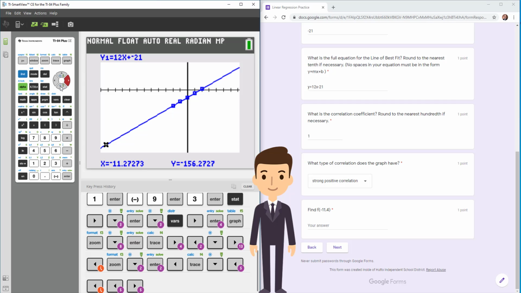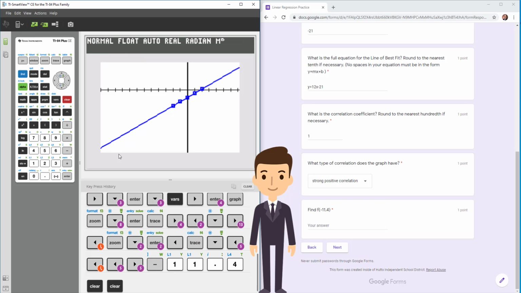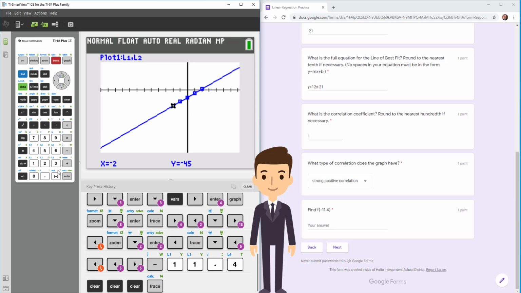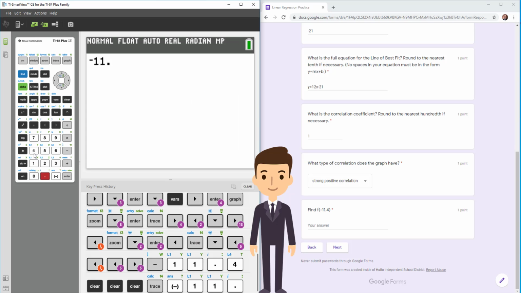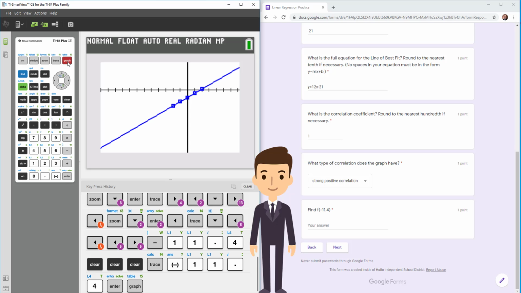Now once again, it's not going to land perfectly on it, so the way I handle that is I just start typing in negative 11.4. Oops, but I actually don't want this negative. Trace, here we go. So I want to hit negative 11.4. What the? No. Graph, trace, down, negative 11.4.